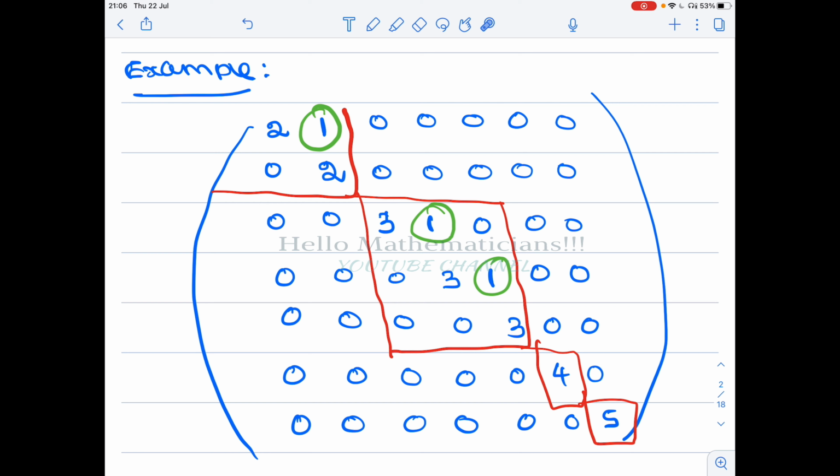Even though this matrix is not a diagonal matrix, you can see that only the diagonal next to the main diagonal has non-zero entries, and the non-zero entries will always be one. You won't have any other entries here. So this is really not a diagonal matrix, but it is not a very bad matrix also.